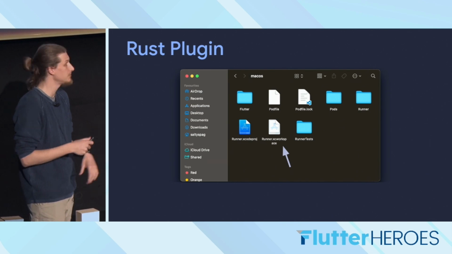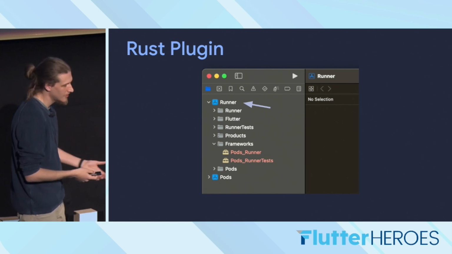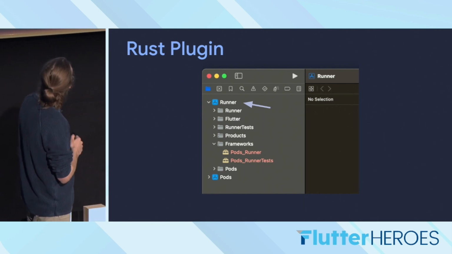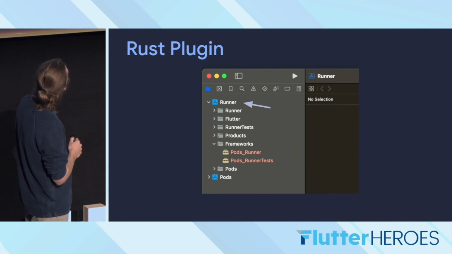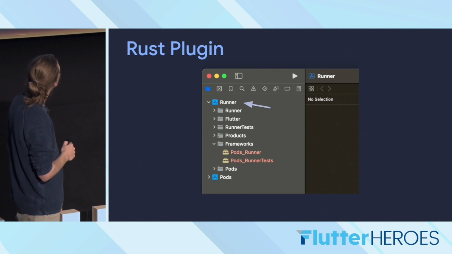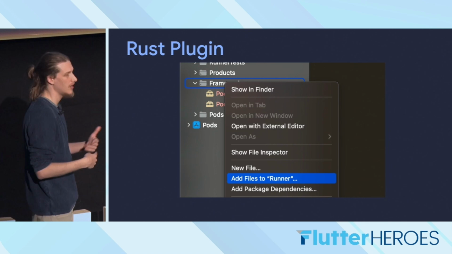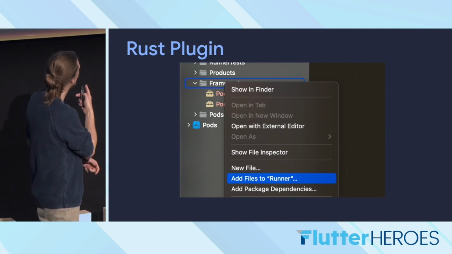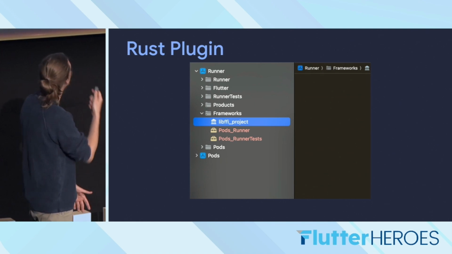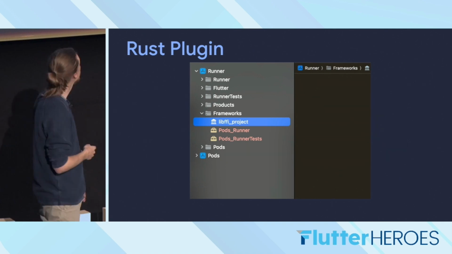Flutter project app, open the XC workspace file, then after like 10 minutes, Xcode is going to open, and then under the runner section inside Xcode, you are going to see the framework section, and here you need to add your library manually, okay? So we need to choose add file, and then link that file that I showed you earlier.